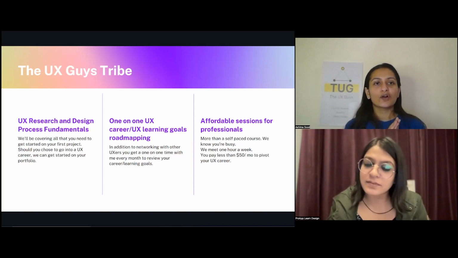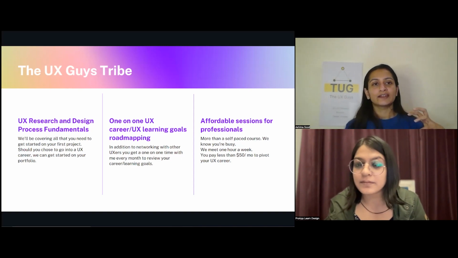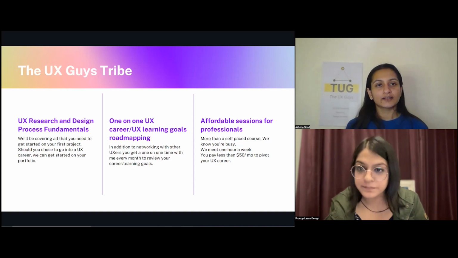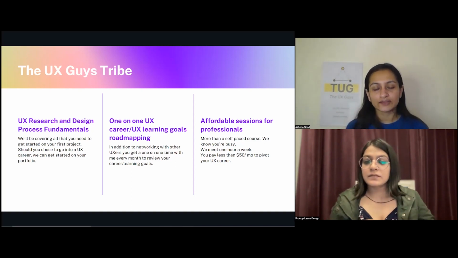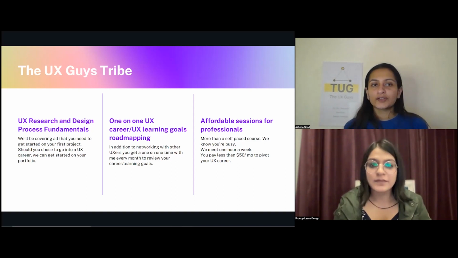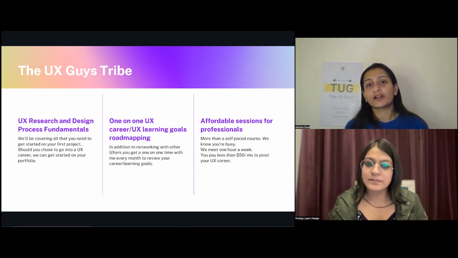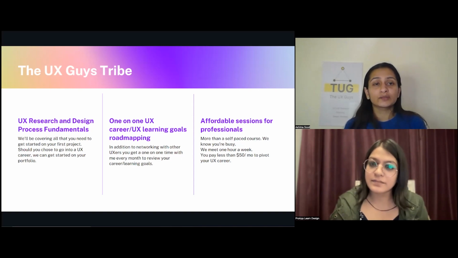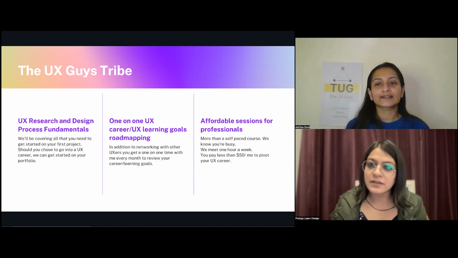It's almost like a university course where you have different subjects and electives, and you get to mix and match. These are 1 hour sessions and you get to decide where you want to attend. Do you want to do this particular assignment or not? Does it work for you? If you're only going to be a researcher, then you don't actually have to work on Figma extensively, right? So that's what you can expect.